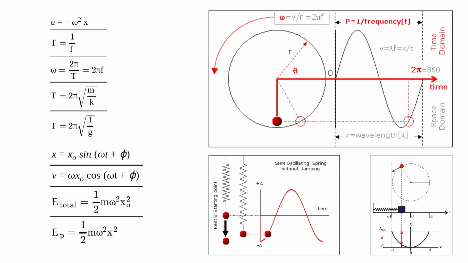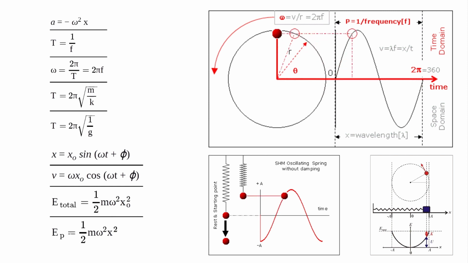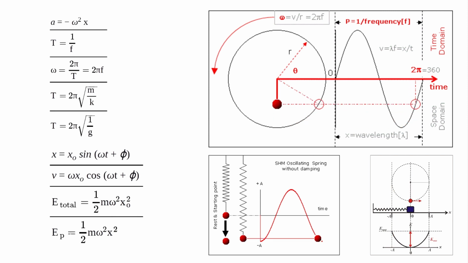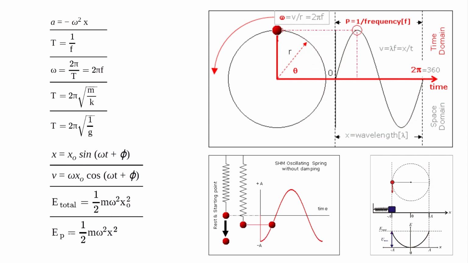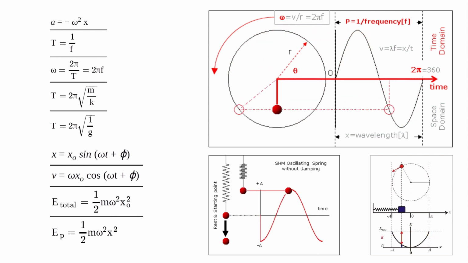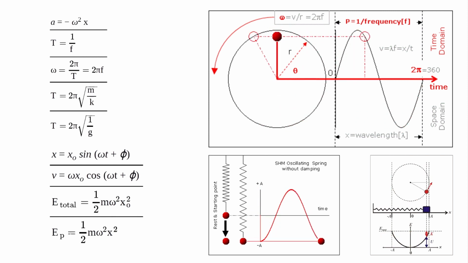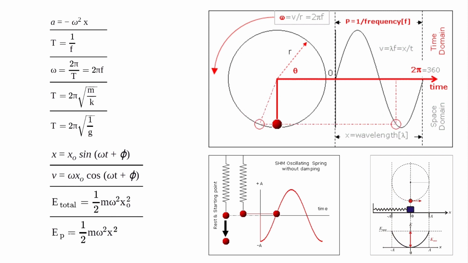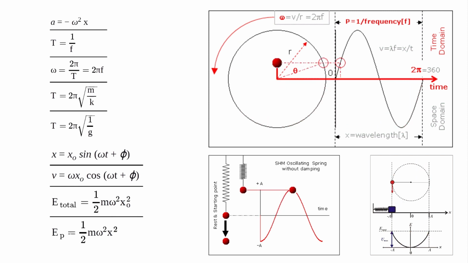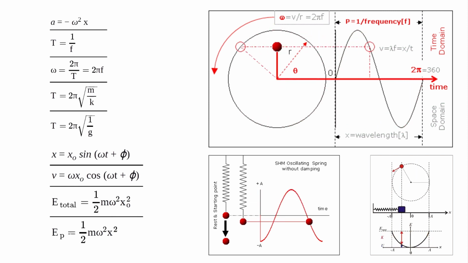Then you also have the calculation of the velocity of the wave, which is equal to lambda, the wavelength, times the frequency, which can be converted into distance over time. And as I stated before, 2 pi is equal to 360 degrees.